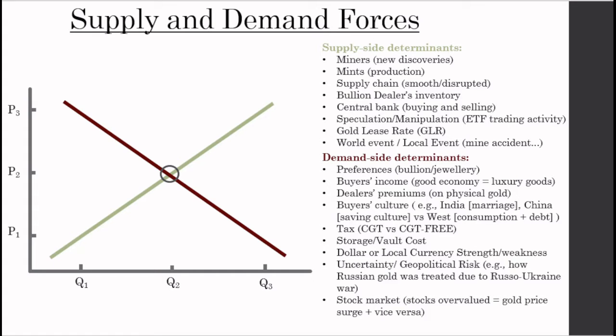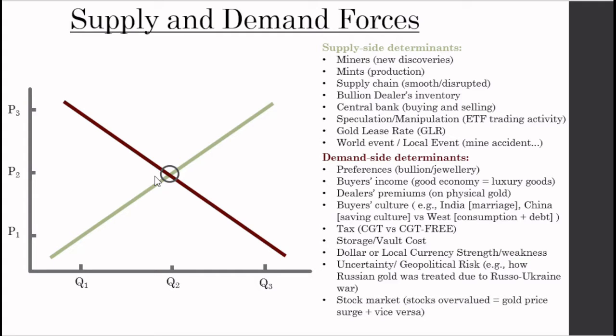But what do I mean by equilibrium price? Well, first we need to understand what a market in equilibrium means. The market is said to be in equilibrium or balance when the interests of all agents in the market align. We can actually see that right here in the middle.